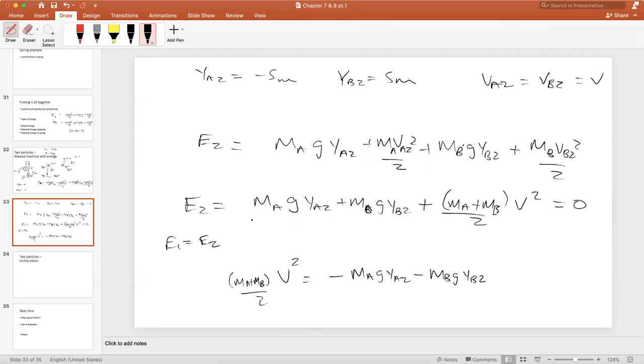Remember that, what did I say here? M_A was 10, M_B was 4 kilograms. So this is 10, and this is negative 5, right? And this is 4, and this is 10, and this is positive 5.